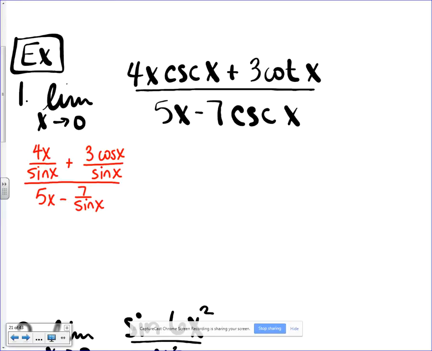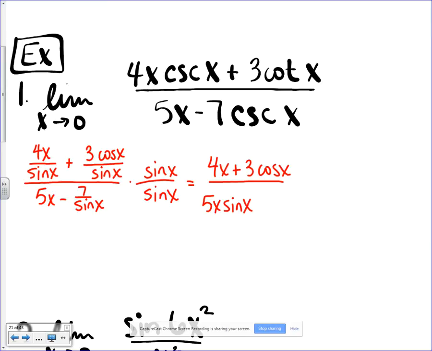Now I'm going to try and get those fractions out of the fraction, so I'm going to multiply the whole thing by that. And now it looks something like that.